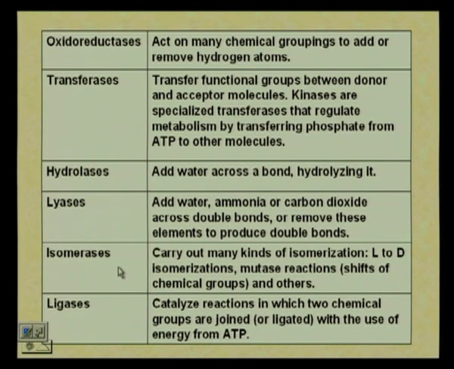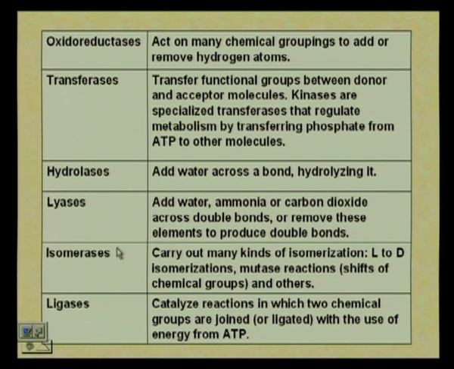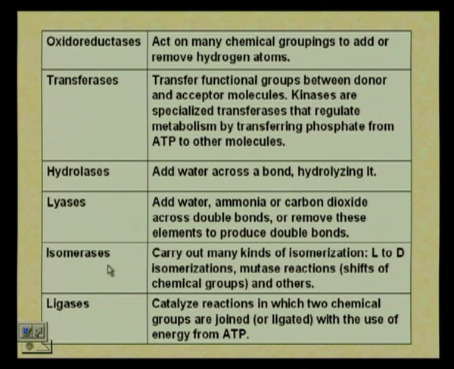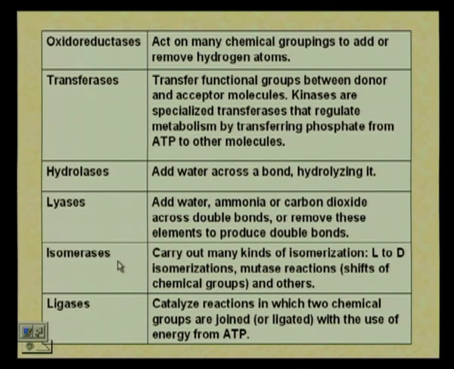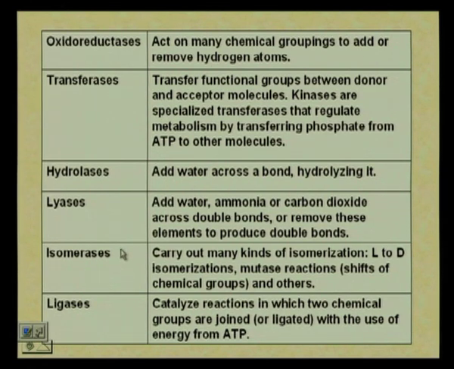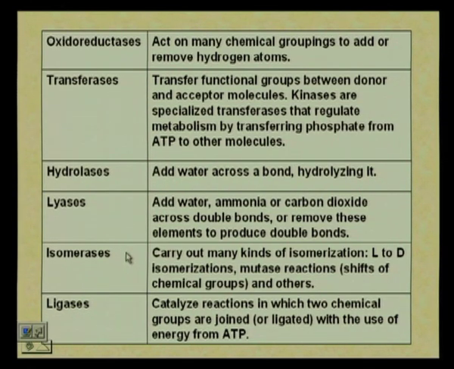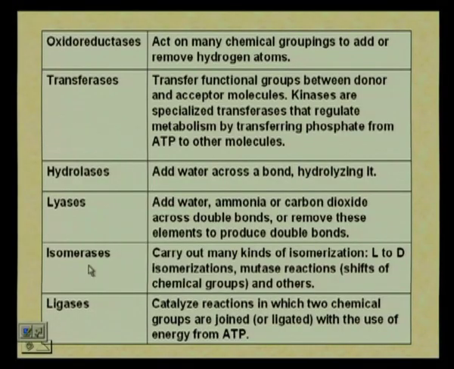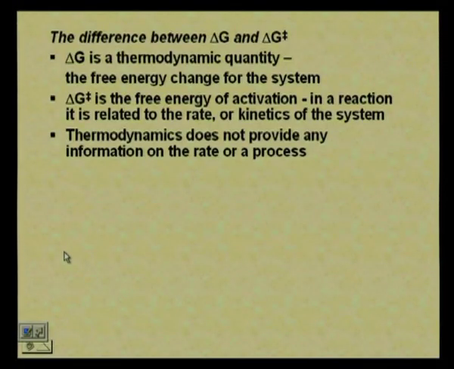It is shifting the chemical groups. If you have an asymmetric carbon atom, you can have an L form or a D form. What is the difference? The difference is in the position of the groups. So, this isomerase can change the position of the groups about the asymmetric carbon atom, giving rise to either an L isomer or a D isomer. So, we have the name isomerases.